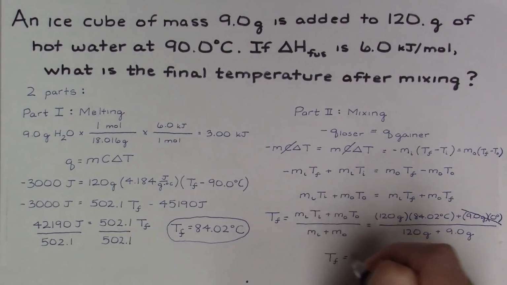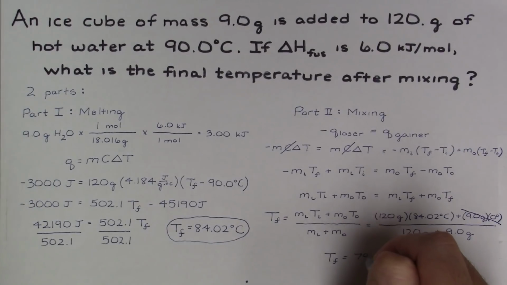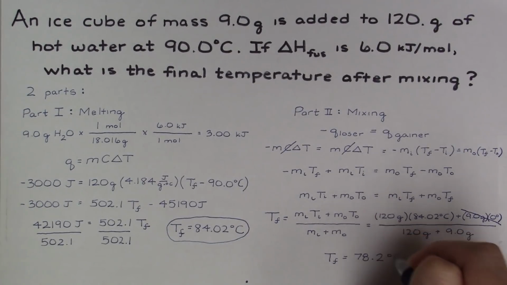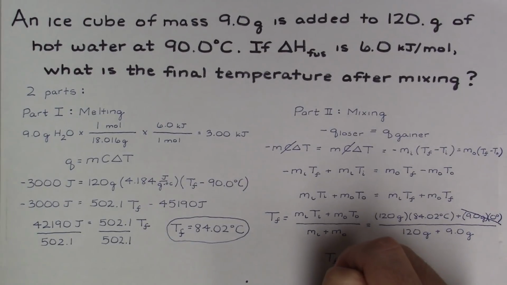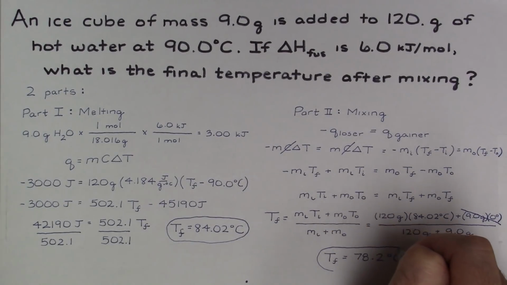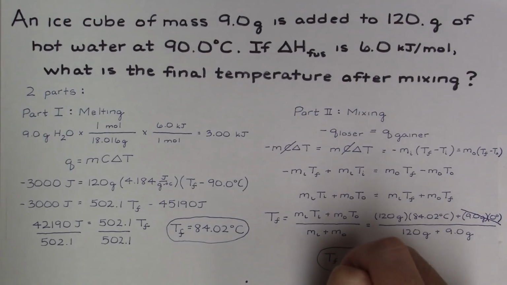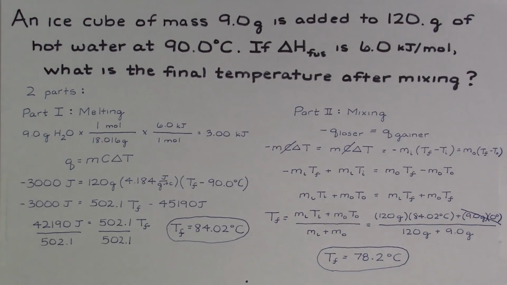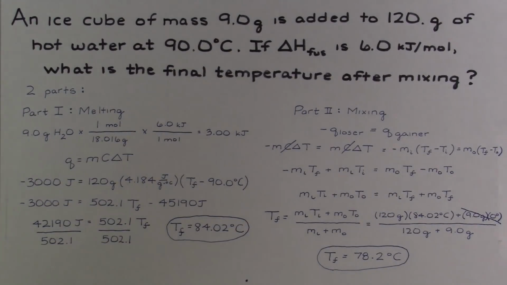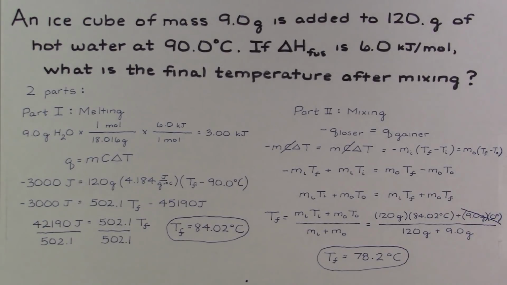If we solve for our T final, you will see that we get a value of 78.2 degrees C. Notice that after part 2, our temperature has reduced by another almost 6 degrees due to the cold water mixing with the hot water.